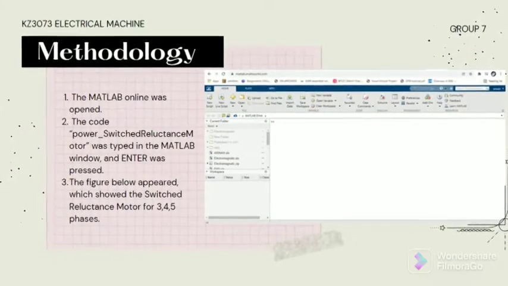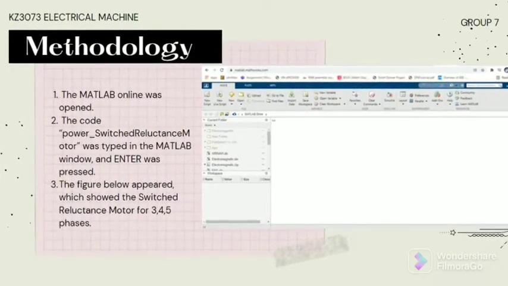Next, we are going to explain the simulation of the switch reluctance motor. We are using MATLAB software for the simulation. The methodology part: first, MATLAB Online was opened. Second, the code power_switch_reluctance_motor was typed in the MATLAB window and enter was pressed.